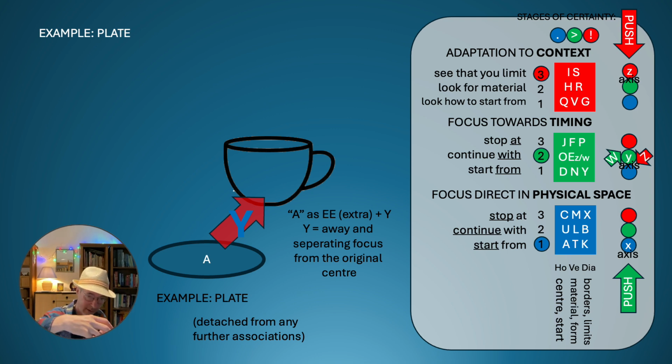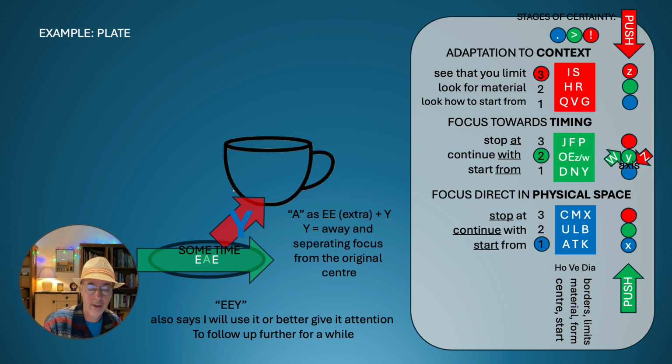We take some context or another, or it can lead to a context or another when we use that focus at that point. It is also detached from any further associations. The cup is detached from the plate, and you can look at the plate separately, and the plate is also detached. Whatever uses it will be added there later. It stands on its own.